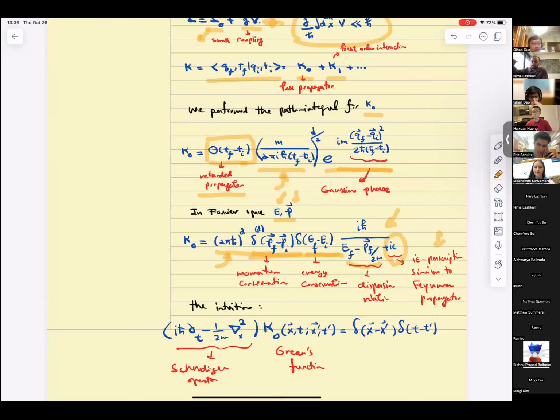So we just analytically continue this, and this i epsilon is related to the retardedness. Then we commented on the fact that this dispersion relation has only one pole as we integrate. That has to do with the fact that we're in a non-relativistic theory, whereas in the relativistic theory, in comparison, we saw that there were two poles.